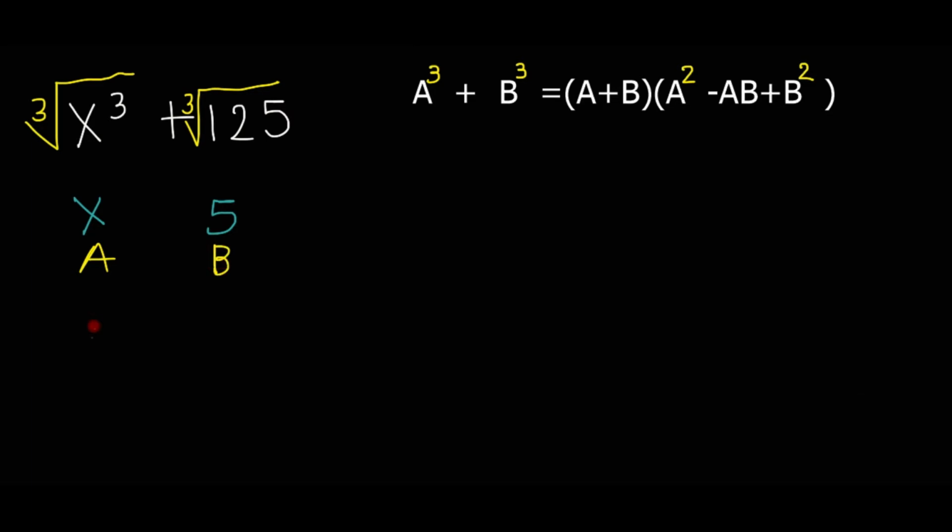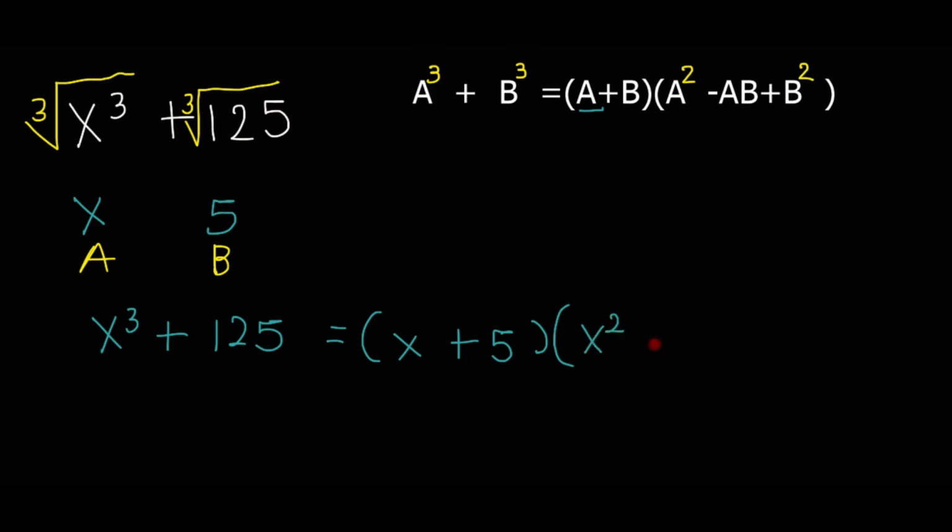So from there e rela gore x cube plus 125 e lekana le, and then from there ra substitute. This is our a, and then our a in this case is x, and then our b ke 5, and then from there we open another bracket, and then our a re le ke x, so re la roba le x squared, and then ra minus, and then ra ba le a times b, I can say is 5x, and then plus b squared.